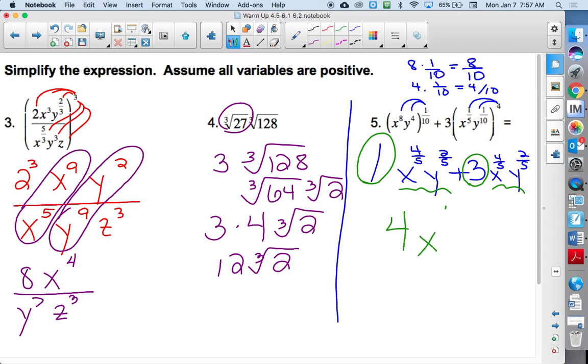And then the variable with the exponent, those don't change, because you're just adding the terms in front. Just like this said 1x plus 3x. So you're just adding the numbers in front. The variable remains the same. So it should be a 4 now. And then x to the 4/5 times y to the 2/5. Any questions?